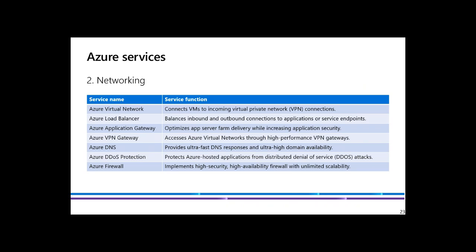Here are some examples of networking services in Azure. They include Azure Virtual Networks, Azure Load Balancer, Azure Application Gateway, Azure VPN Gateway, Azure DNS, Azure DDoS protection, and Azure Firewall.